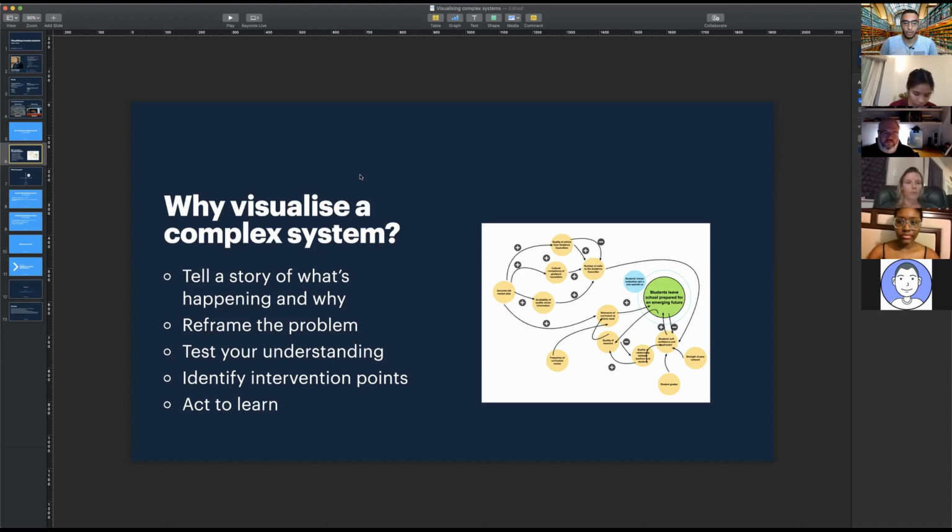The next point is to identify intervention points: once you understand how different people, entities and organizations in the system interact, you can say, maybe if we change this part of the system, we could really flip a switch here. And the last one is act to learn. This is really important. Systems thinking and design thinking will never be a flash in the pan type thing. You always have to prototype, test and iterate to get to a solution that works.